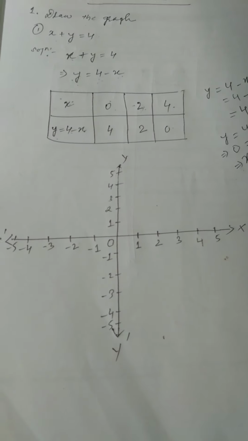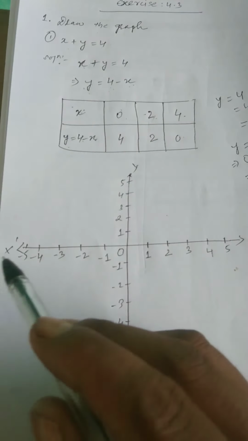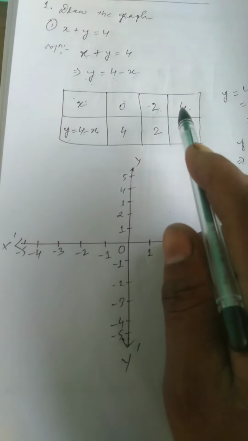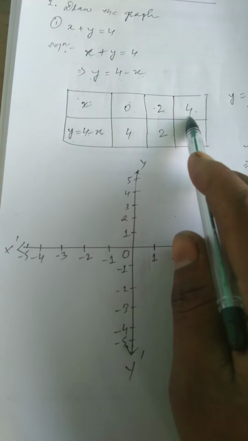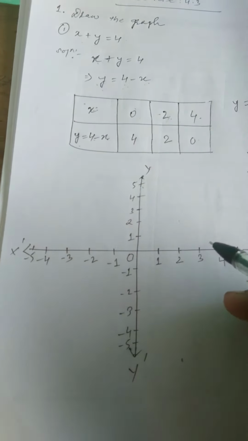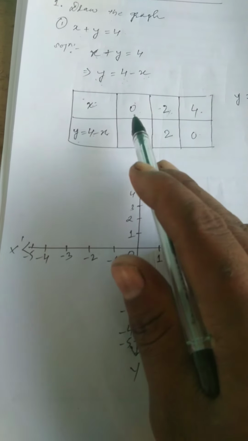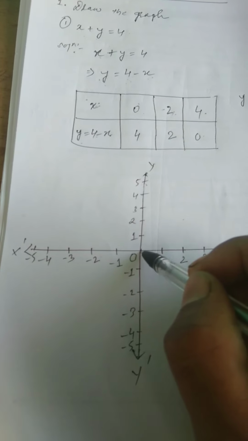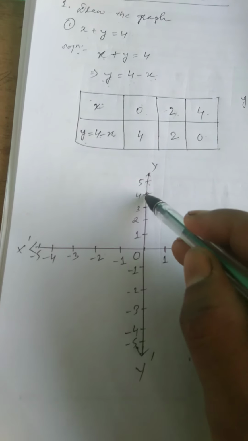So let us draw a graph here. We have drawn the y axis and x axis here. The highest value is 4, so we have taken up to 5 here. So let us plot here. x is 0 and y is 4, positive, here.